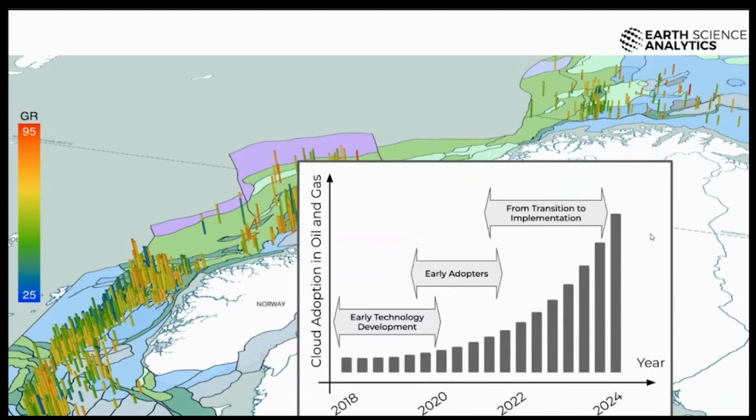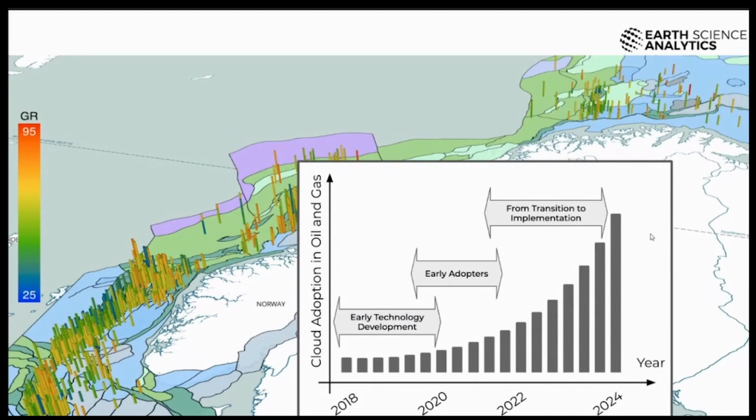And it makes sense to use cloud infrastructure to make this available to those who need it, to the domain experts and to the decision makers. Exploiting cloud infrastructure in geoscience is in kind of early adoption stage.